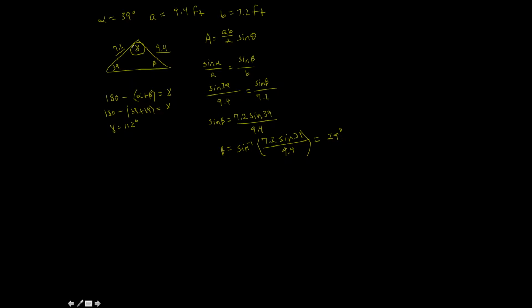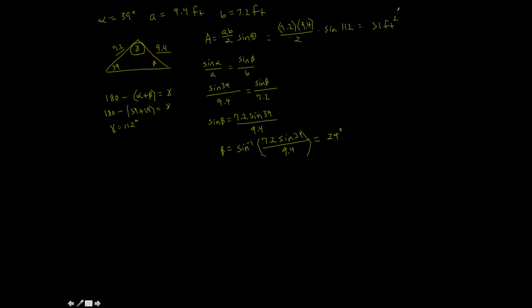We have the two sides, so this is a side angle side now. So we can plug in our area formula. 7.2 times 9.4 divided by 2 times the sine of 112. And because this is area, you should get 31. And this is feet, so it's going to be square feet. And that's how you get your answer there.